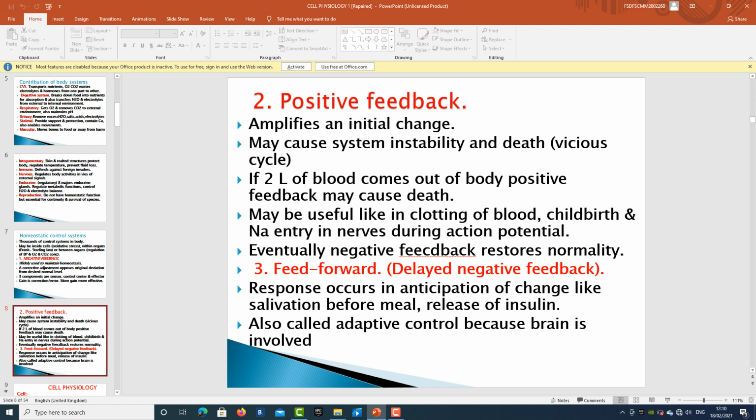Then the third one is the feed forward. It is a sort of delayed negative feedback mechanism, and the response occurs in anticipation. It is because of the previous experiences, the learning. There is an anticipation. If there is any idea about taking some meals, there is automatic salivation in the mouth, there is release of insulin.